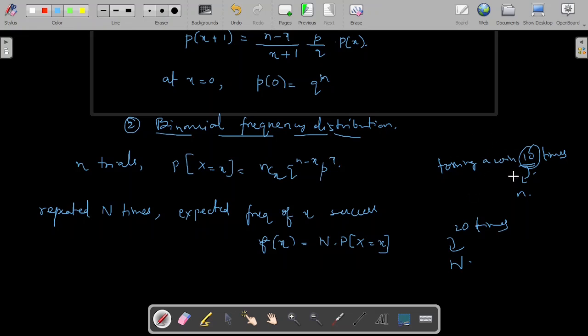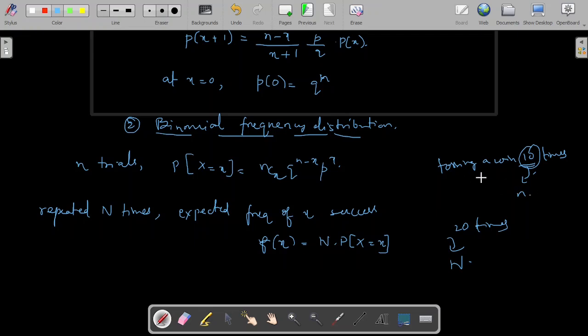Just imagine 10 people tossing a coin. Ten people tossing a single coin at a time, as well as tossing the same coin 10 times, both will have the same sample space.